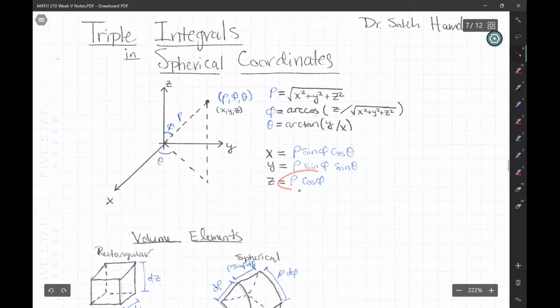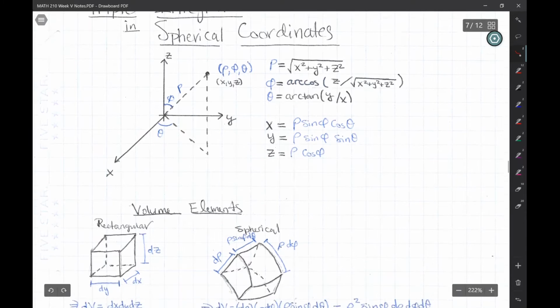If we were looking at cylindrical coordinates, rho sine phi would be equal to r. So rho sine phi is basically equal to the square root of x squared plus y squared. Rho is the square root of x squared plus y squared plus z squared, the distance away from the origin.